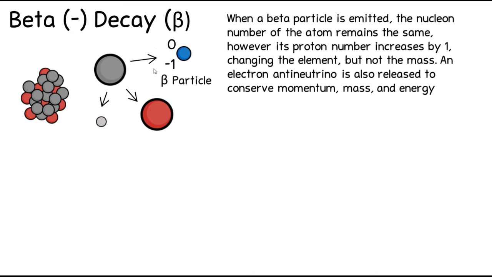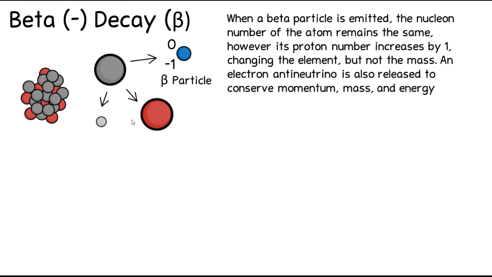An electron antineutrino, which is this one here, is released, and you don't need to know about this too much yet because that is for a different video, but this is basically a small particle that is ejected that helps conserve the momentum, the mass, and the energy of this interaction.